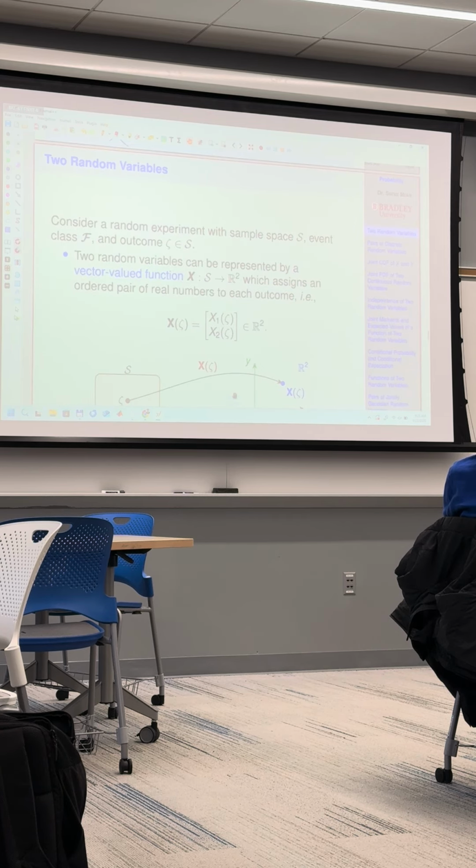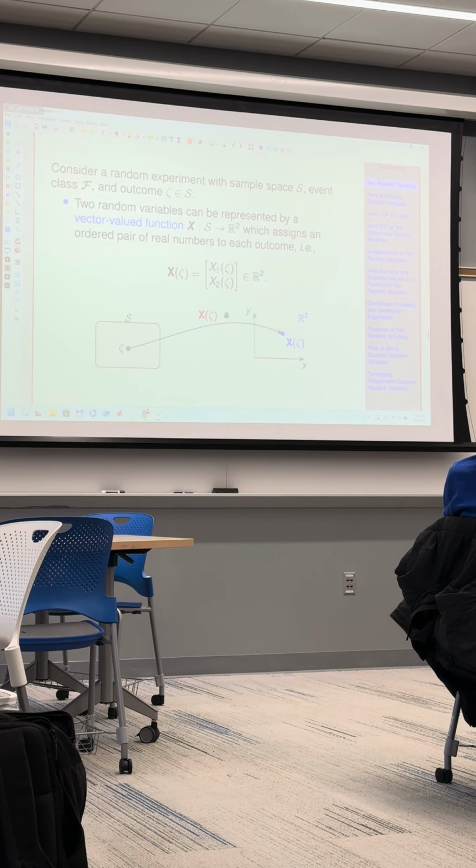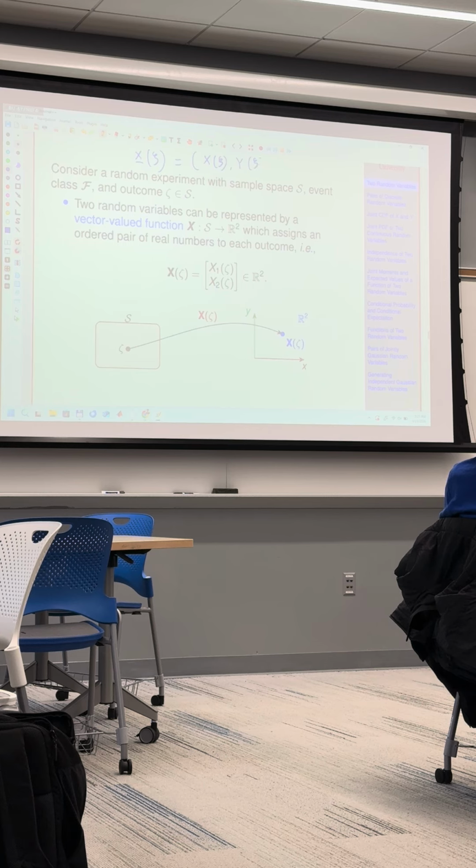Okay, so here you have some other notations. The author has denoted this vector random variable with a comma like this. This is a vector random variable that takes an outcome as an argument, so x as a function of the outcome, comma, y as a function of the outcome.